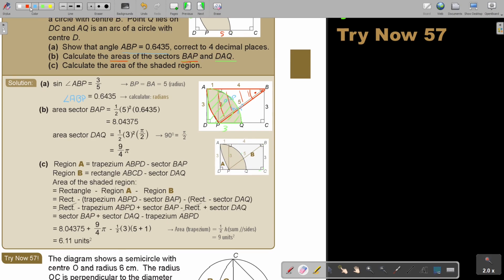Okay, so if I take the whole rectangle, now to get the shaded, I take the whole rectangle and I subtract this region A, and I subtract this region B, which I already wrote. I'm left with the shade. Did you see that?